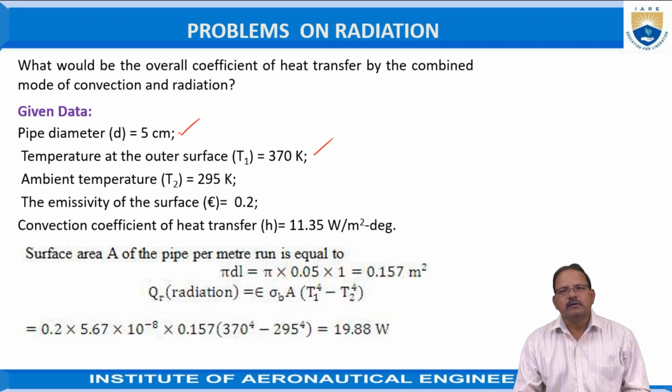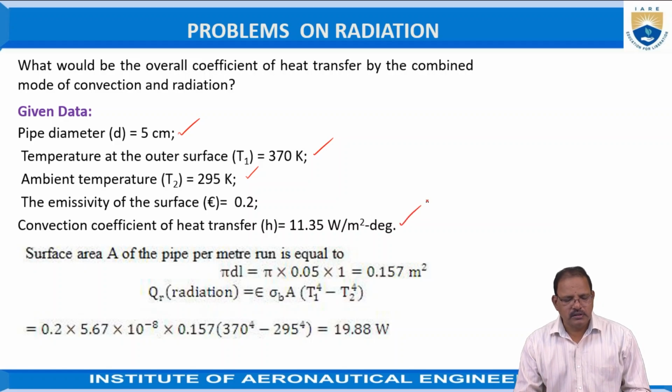The ambient temperature is equal to 295 degree Kelvin. The emissivity of the surface is equal to 0.2. The convection coefficient of heat transfer, generally represented as h, is equal to 11.35 watts per meter square per degree Kelvin.